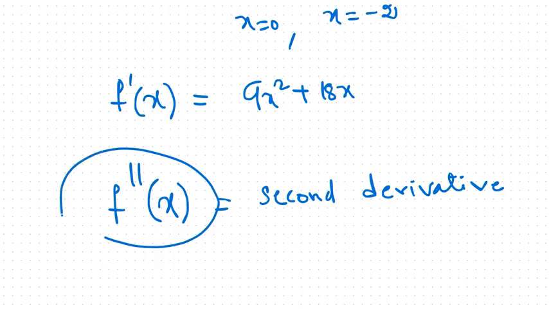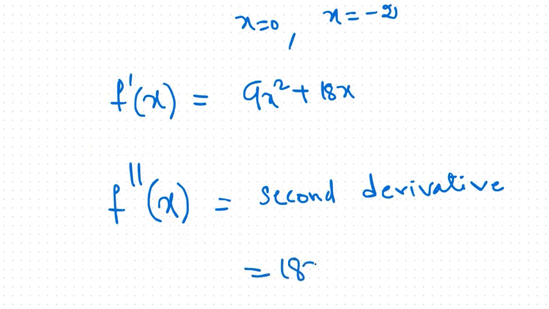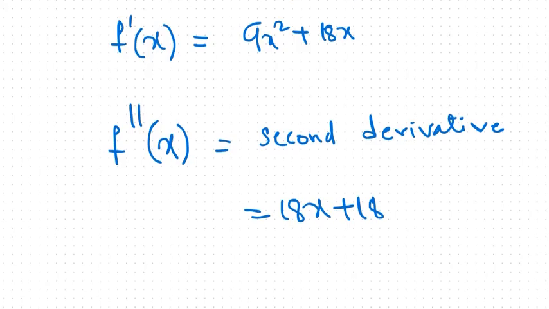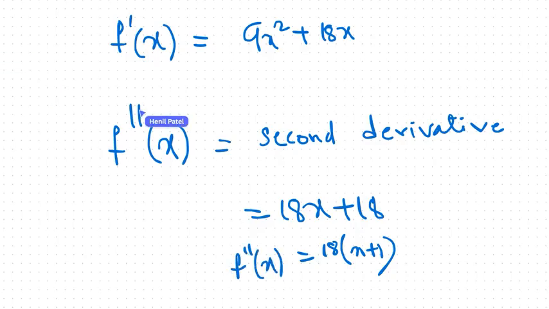So what is the value of the second derivative? It will be 18x plus 18, that is 18 bracket x plus 1. So this is the second derivative, right?